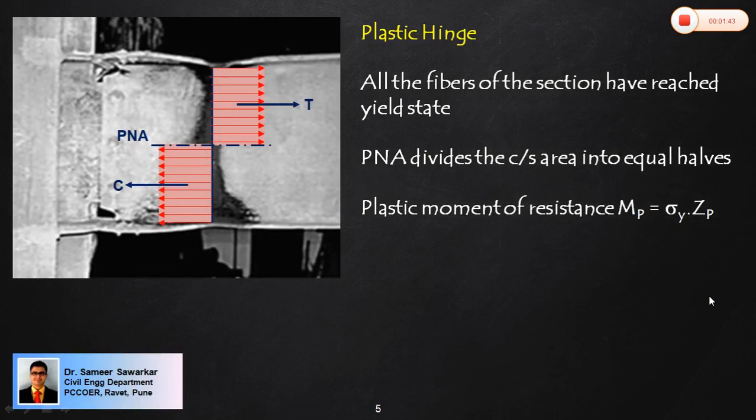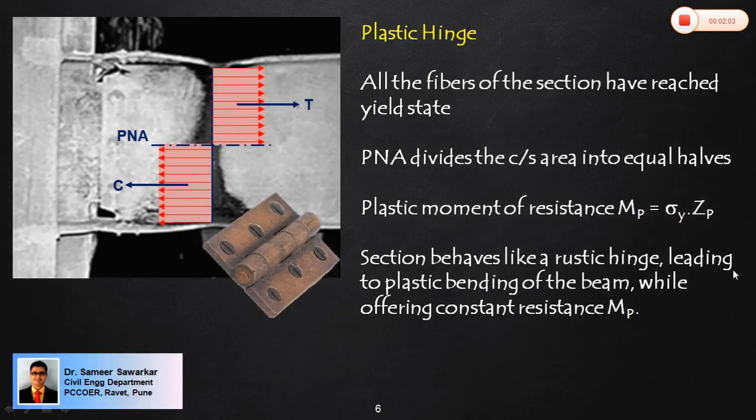Plastic moment of resistance is represented by the couple moment formed by net tensile force and net compressive force. It is given as sigma y, that is yield stress, multiplied by Zp, that is plastic section modulus. The section behaves like a rusty hinge, leading to plastic bending of the beam while offering constant resistance Mp.